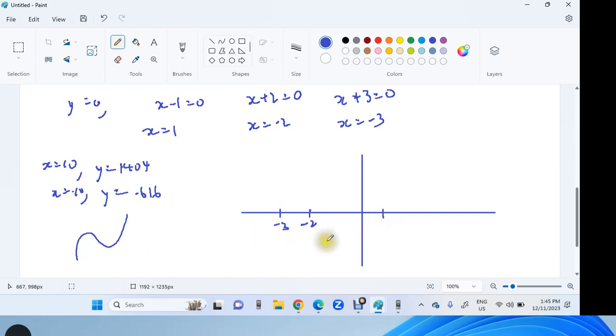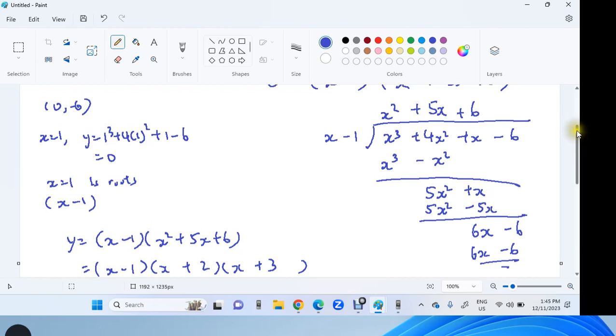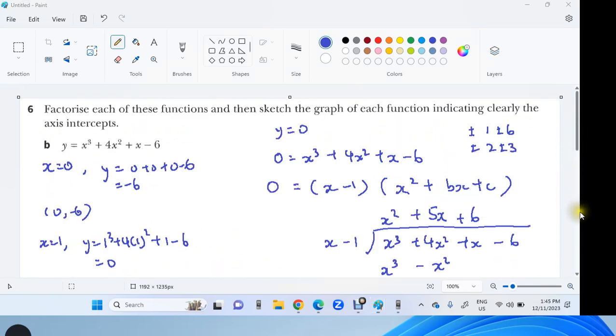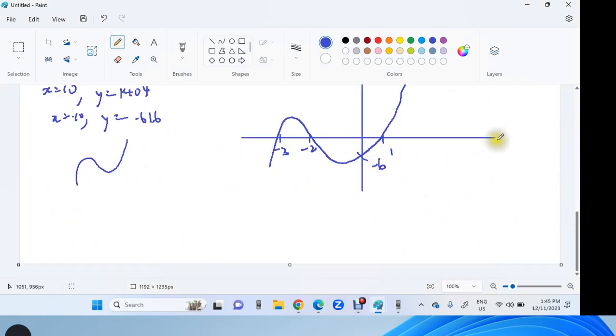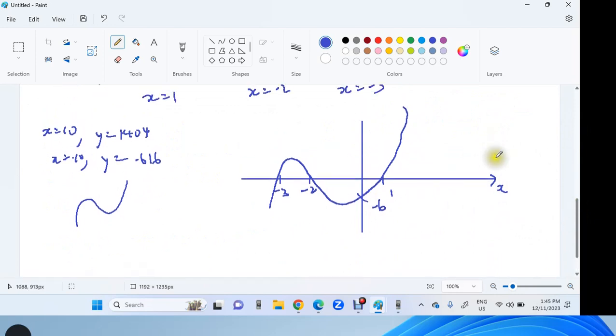So it will be something like this. This is 1, and this part is negative 6. This is the x-axis, and this is the y-axis.